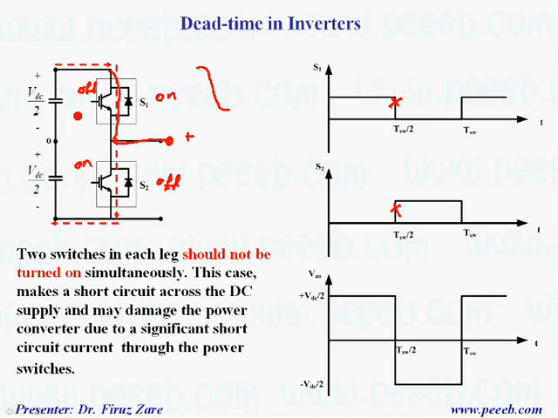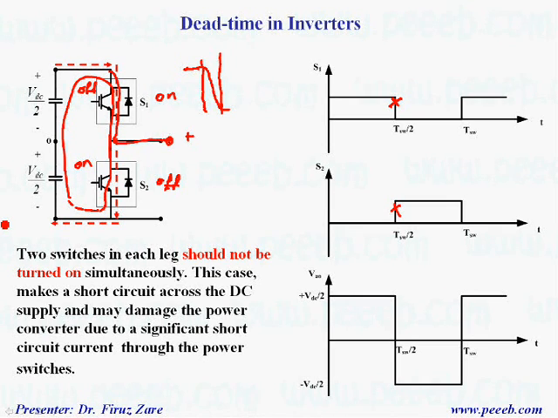In this case, probably we can't see any problem because we have ideal switches. But when we have real switches, because of switching time, when we turn on and turn off, that means we have a short circuit in this loop. That means discharging the capacitor through these switches.